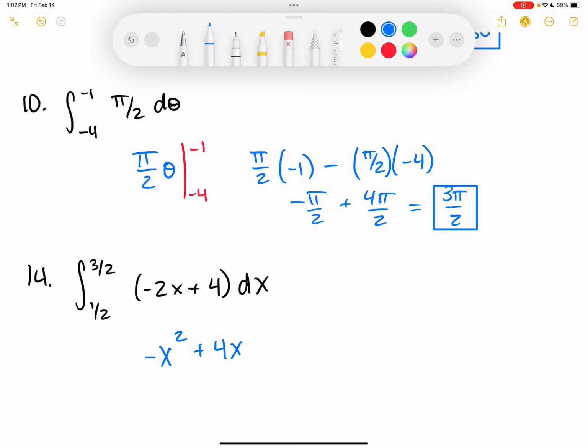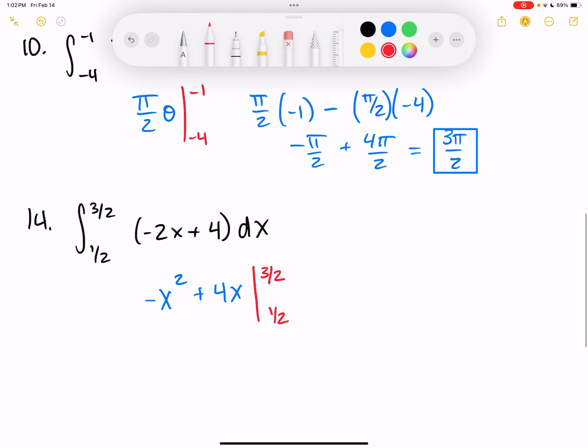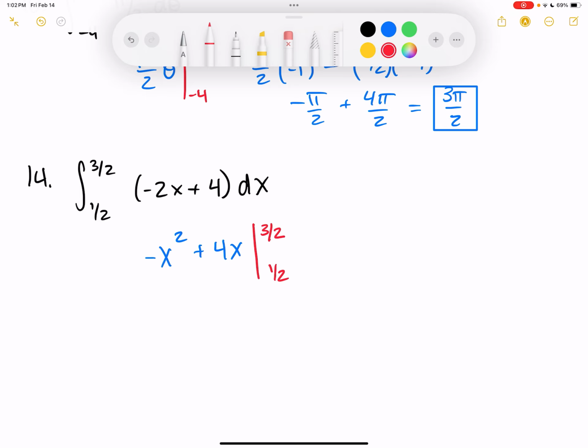All right, so now we evaluate this from 1/2 to 3/2. We have to look at this piece by piece. I will often use a bracket when I start doing these, because it's each of these things evaluated at 3/2 minus each of these things evaluated at 1/2.